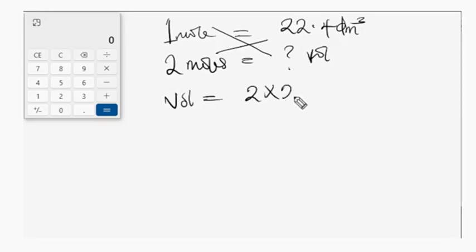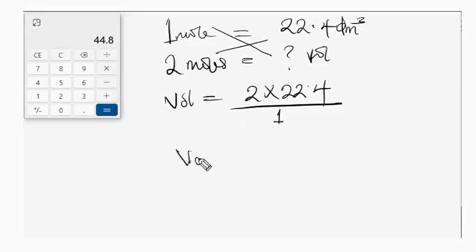2 times 22.4 over 1. So guys, let's go ahead and calculate this. 2 times 22.4, and that's 44.8.